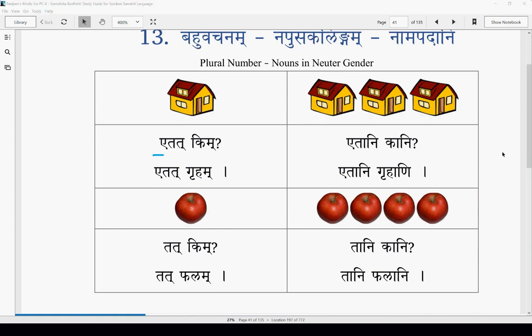Okay, so again note the changes here. Etat, the ekavachanam, changing to etani; kim, ekavachanam, changing to kani. And for gruham, what is the pattern?